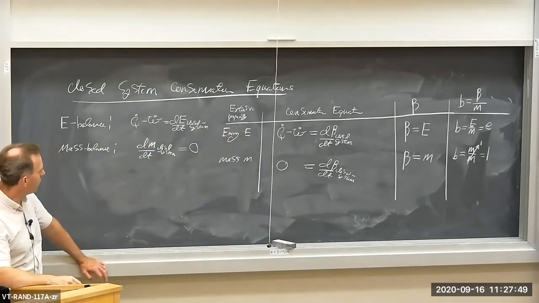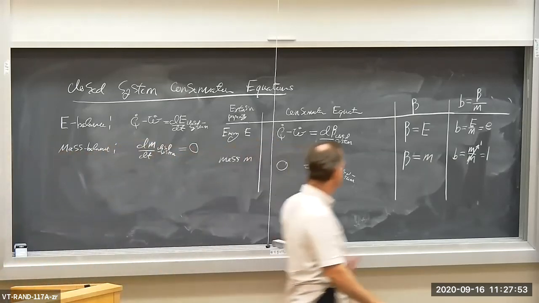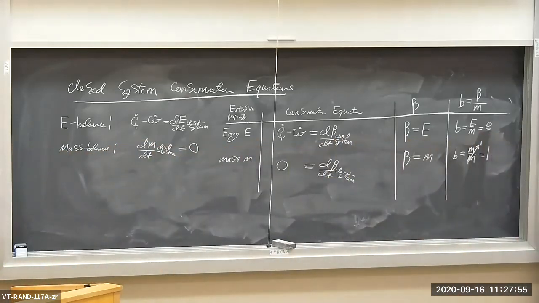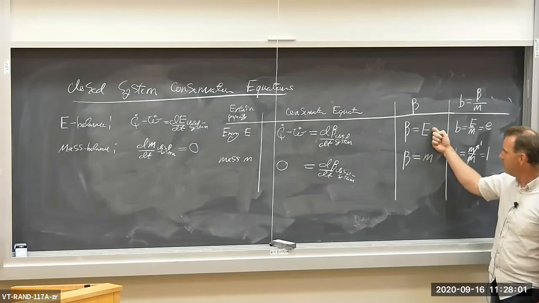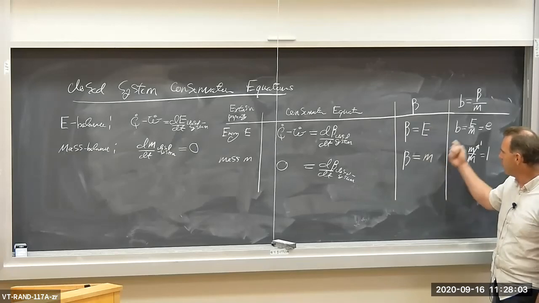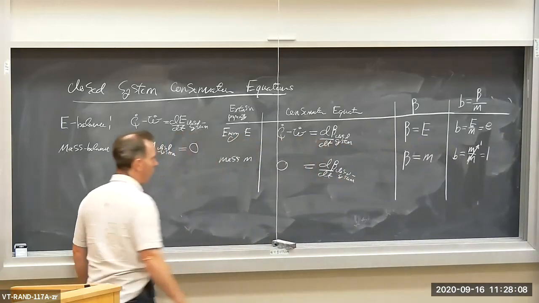All right, so I've rewritten the energy and the mass balance for a closed system in terms of a generic property, beta. Beta can take on any extensive property, energy, mass, and then I have specific beta or lowercase b here as well, okay?